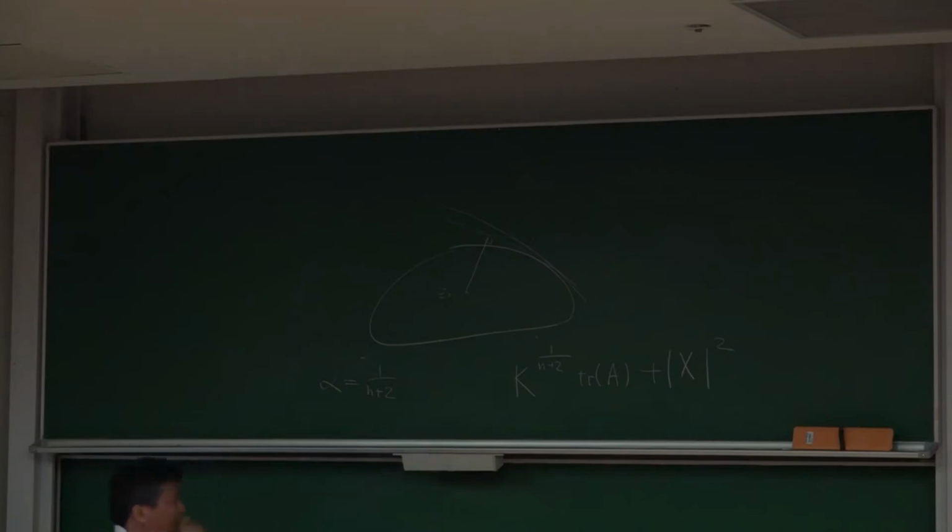I'll show you why. Basically, Calabi, before he did this, of course, had to do the classification of the m plus 2 cases. So the equation is this. This is the soliton equation for alpha equals 1 over m plus 2.